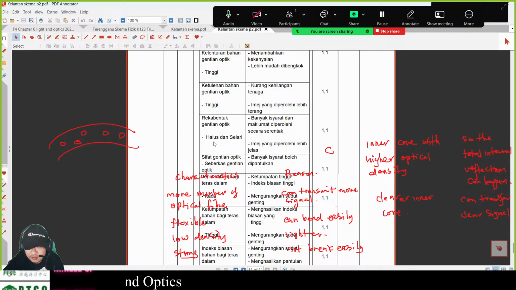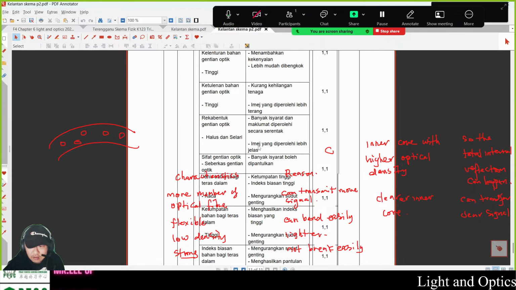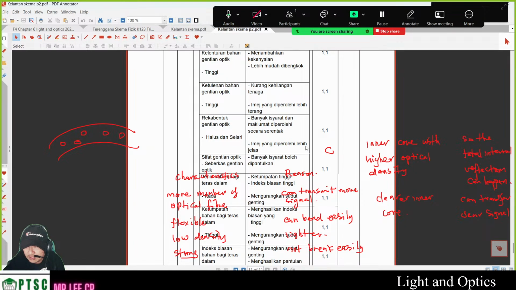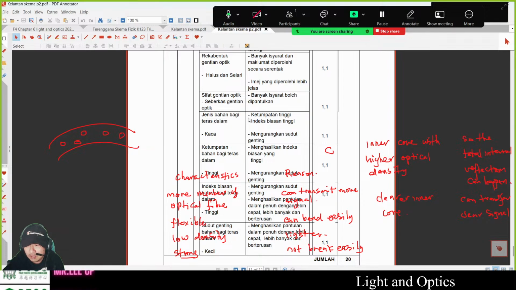So they can receive the signal simultaneously, or the image obtained is clearer. Also can. Now they got a lot of answers.